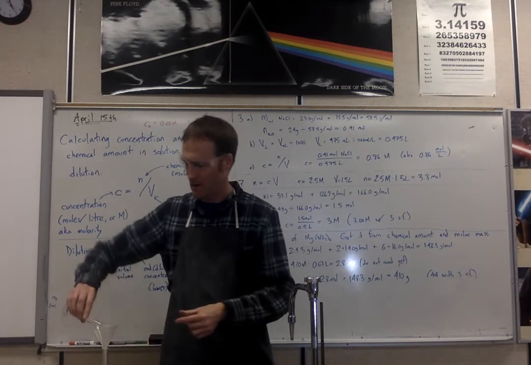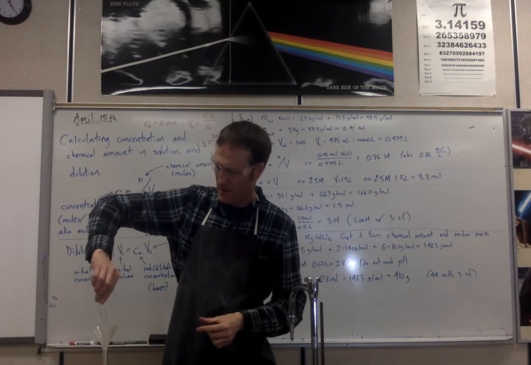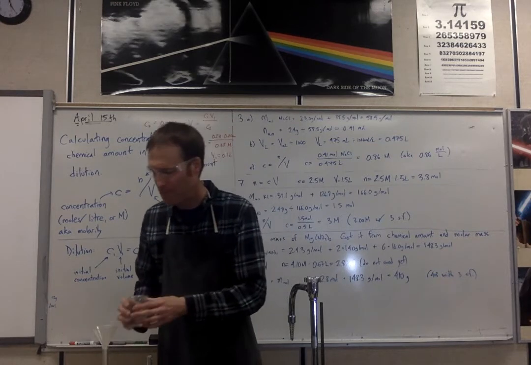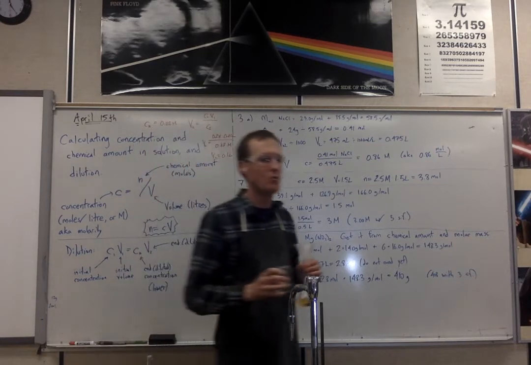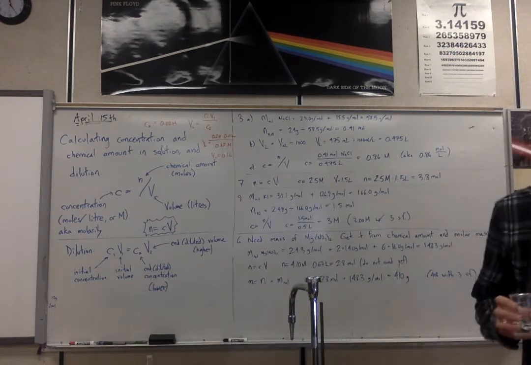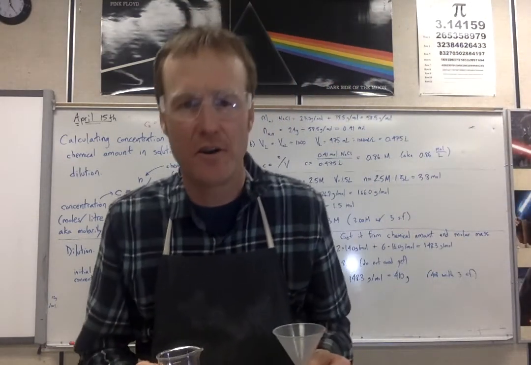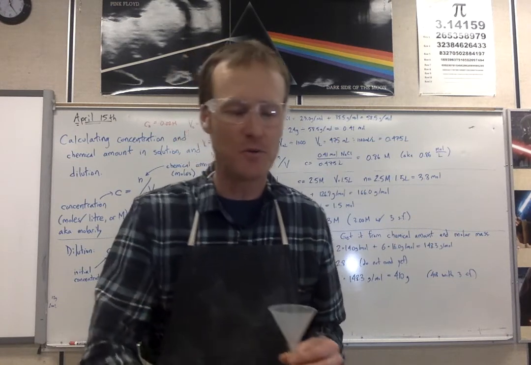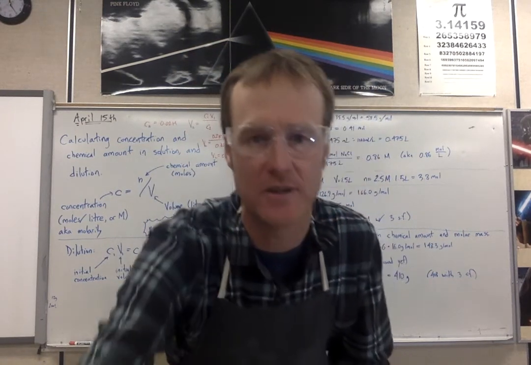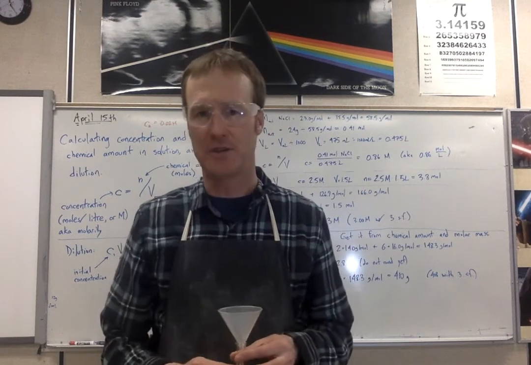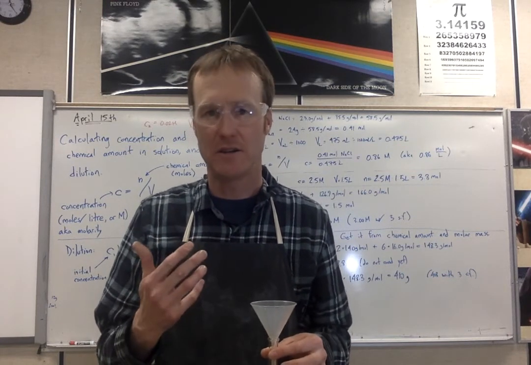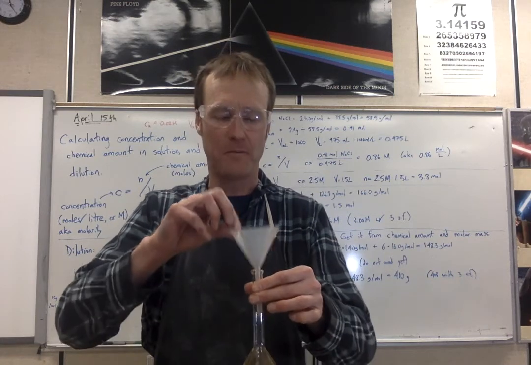And now is when I need to be especially careful because I don't want to overshoot. It's pretty difficult to take out water once it's not water anymore, once it's become part of the solution. If I were to overshoot and take out some water, I'd be taking out solution. I would actually be reducing the chemical amount, and my concentration would be off.